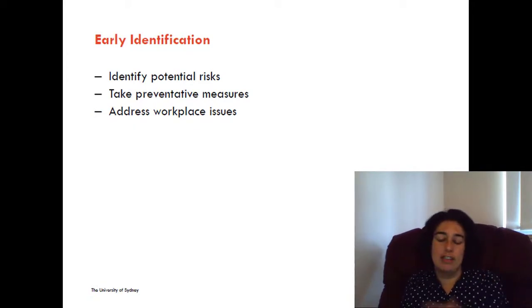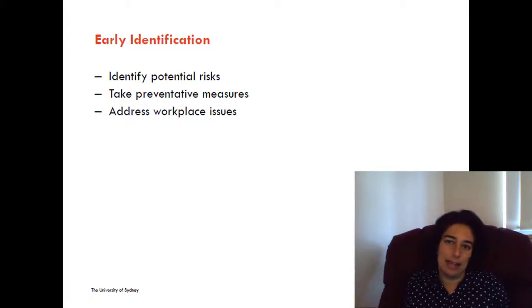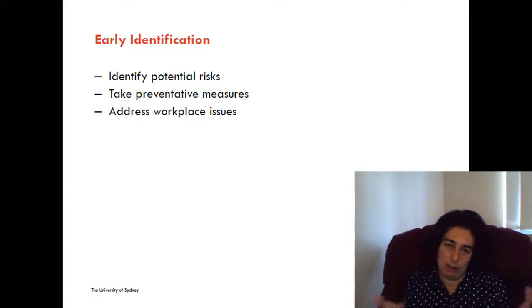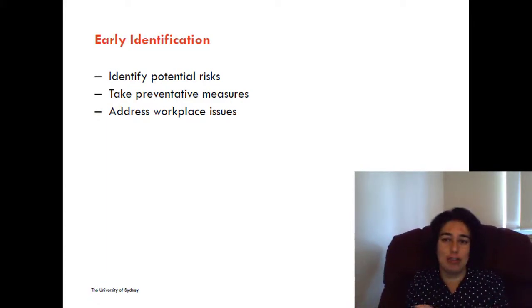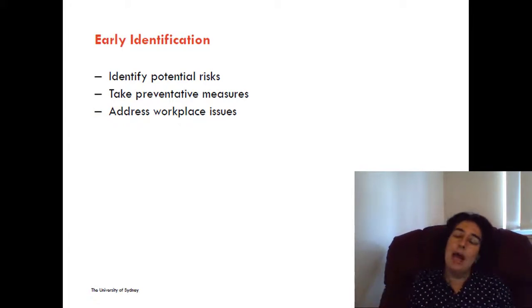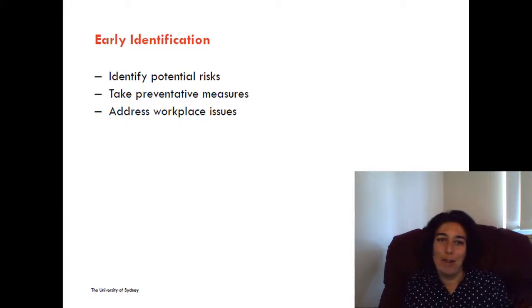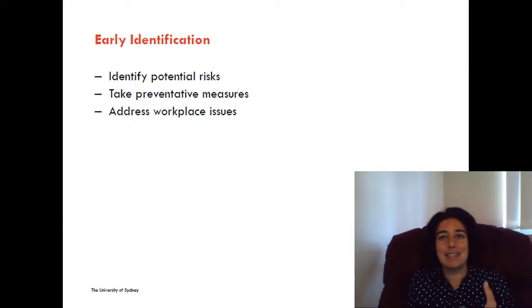So the example that I just gave was reactive, right? Somebody got hurt and they could have said, let's get you this assistive device in some way, so that not the person with the back injury, but the other people don't get hurt. But what is good for early identification is looking at what there could be as an issue and saying, hey, you know what?